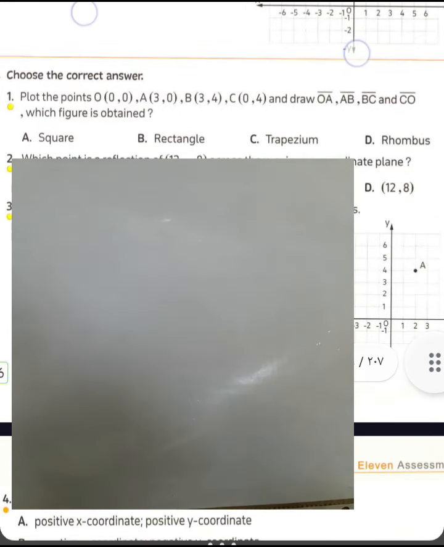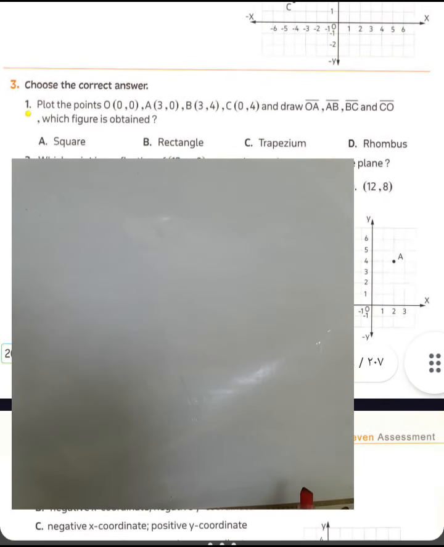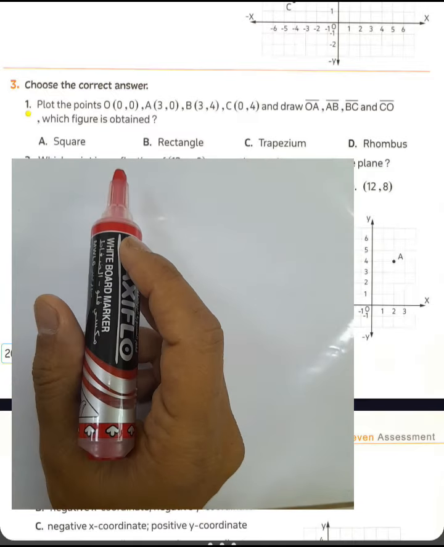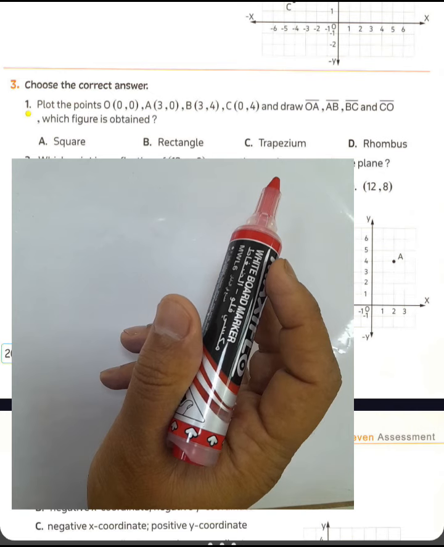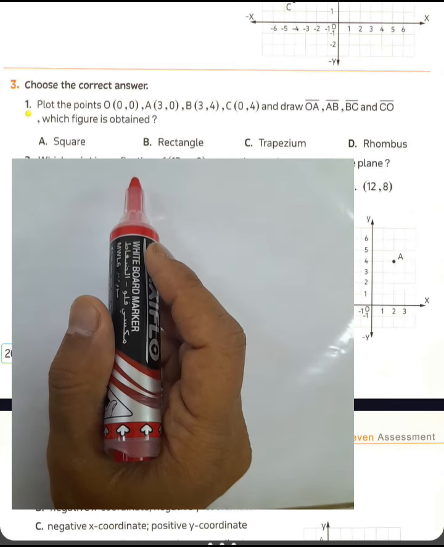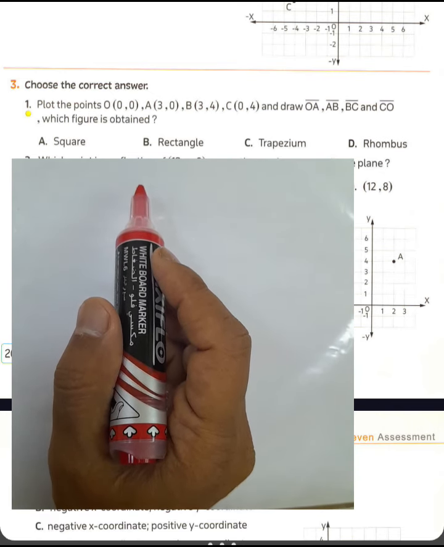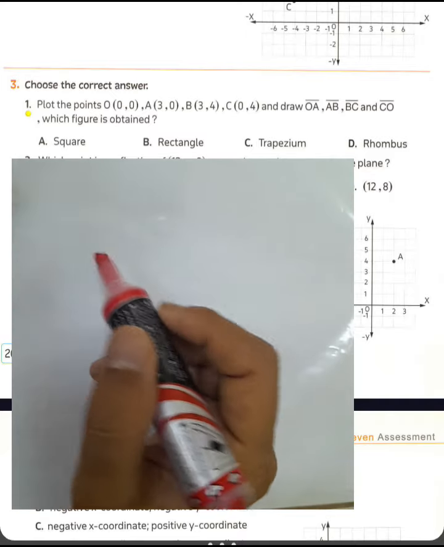Question number 3, choose the correct answer. Plot the points O, A, B, C and draw OA, AB, BC, CO. Which figure is obtained?